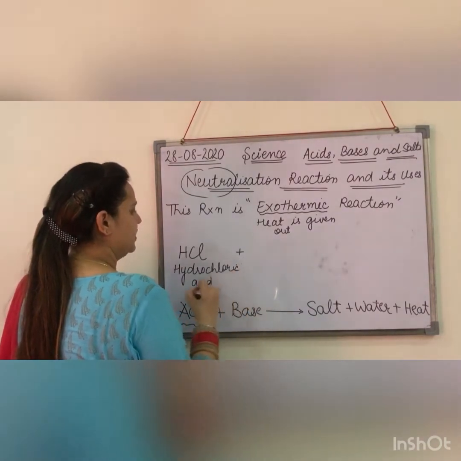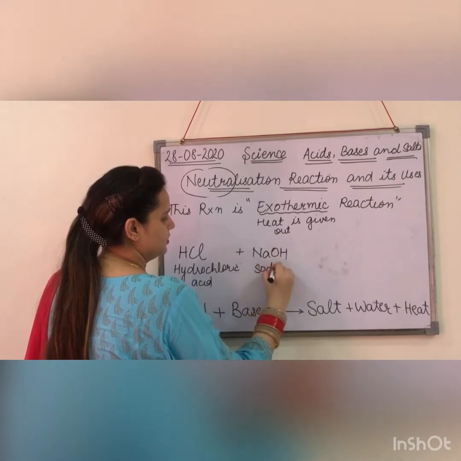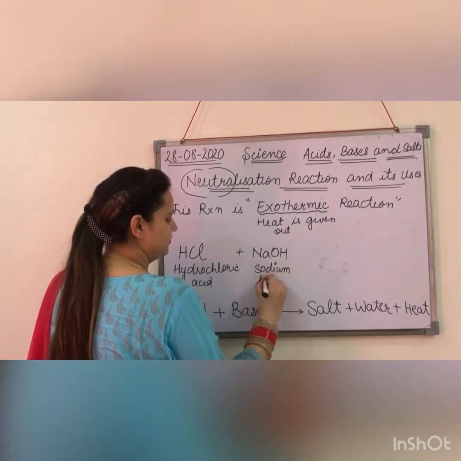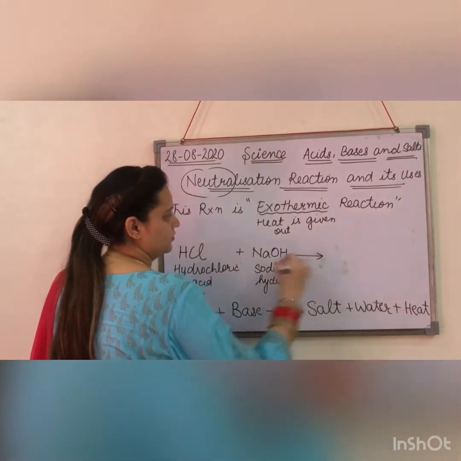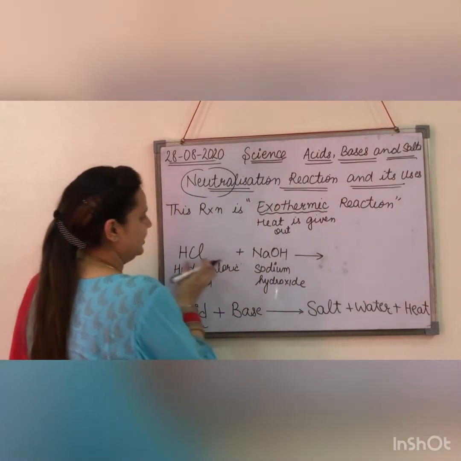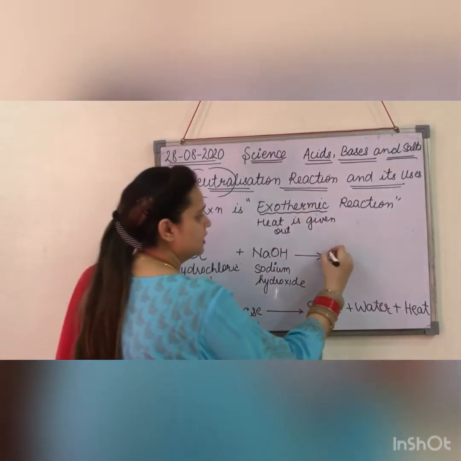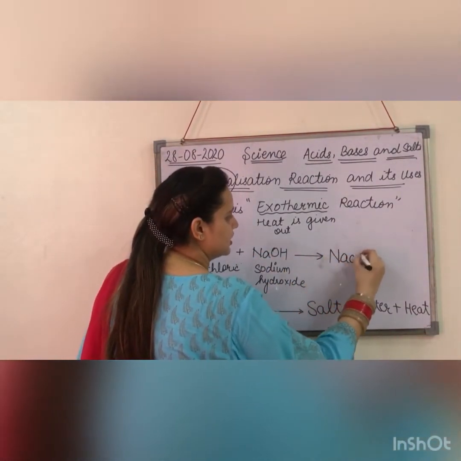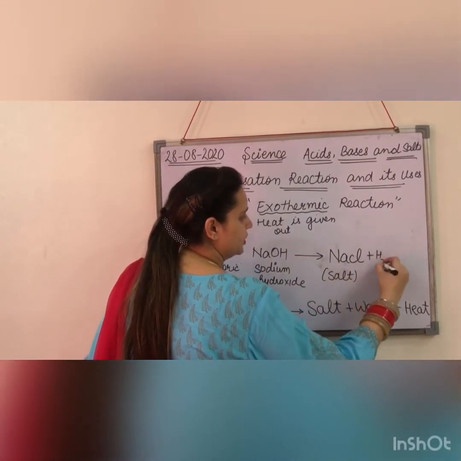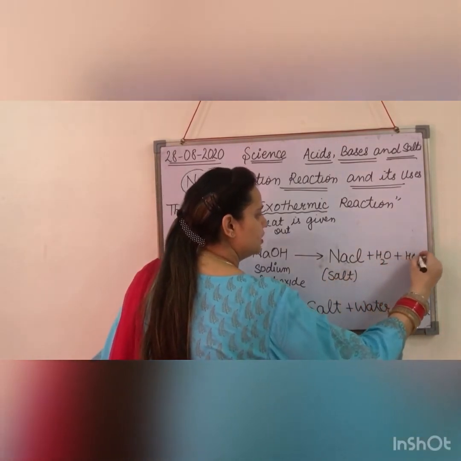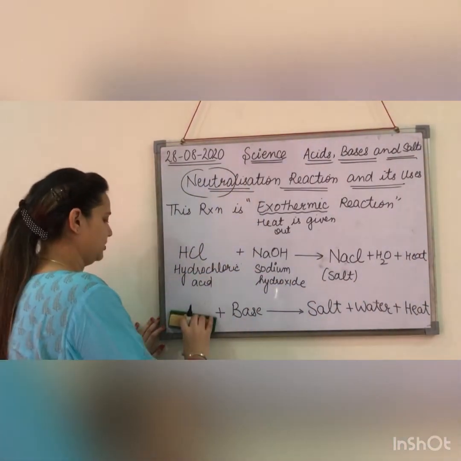The base we are taking is NaOH, sodium hydroxide. When hydrochloric acid and sodium hydroxide react, they give you NaCl, that is salt. They give you water, and again the amount of heat that is liberated.